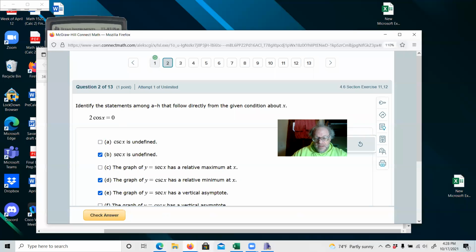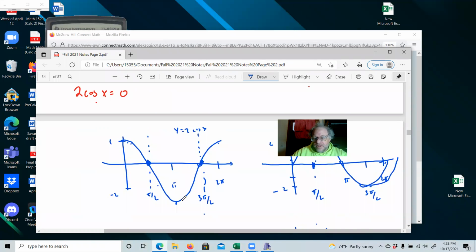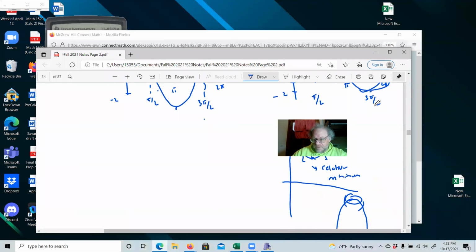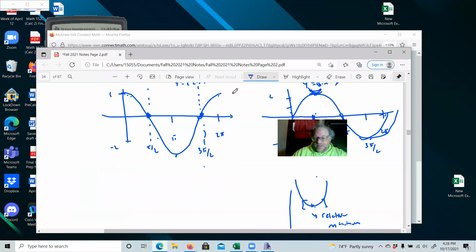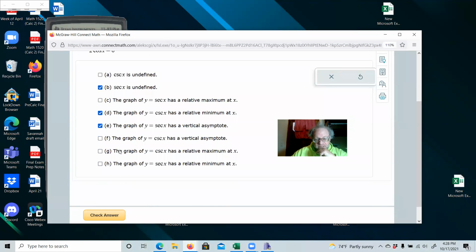Let's take another look at it. When we're at pi, that's an asymptote over here. Cosine equals 0 at pi over 2 and 3 pi over 2, and that is a relative maximum. Again, it's relative to the places around it. So that would be a relative max. I'm kind of hoping I'm not reading too much into this.